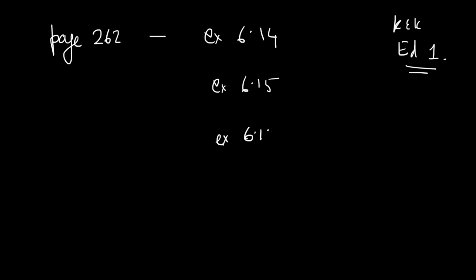For example, 6.16 talks about a drum rolling down a plane, and this is on page number 264, and this is on page number 265, and then comes a problem which he solves by nearly 3 methods, I think. Then there is another problem, example number 6.17, which is on page number 268.